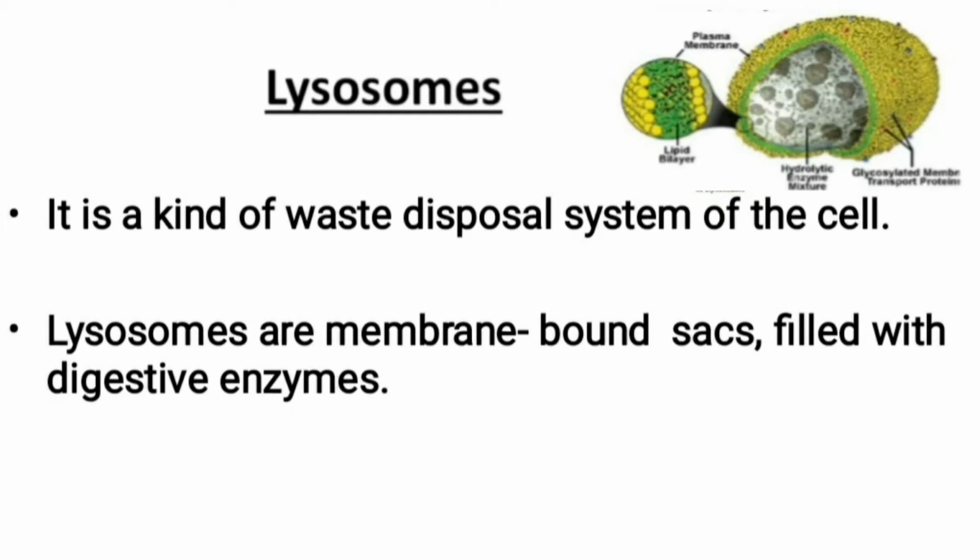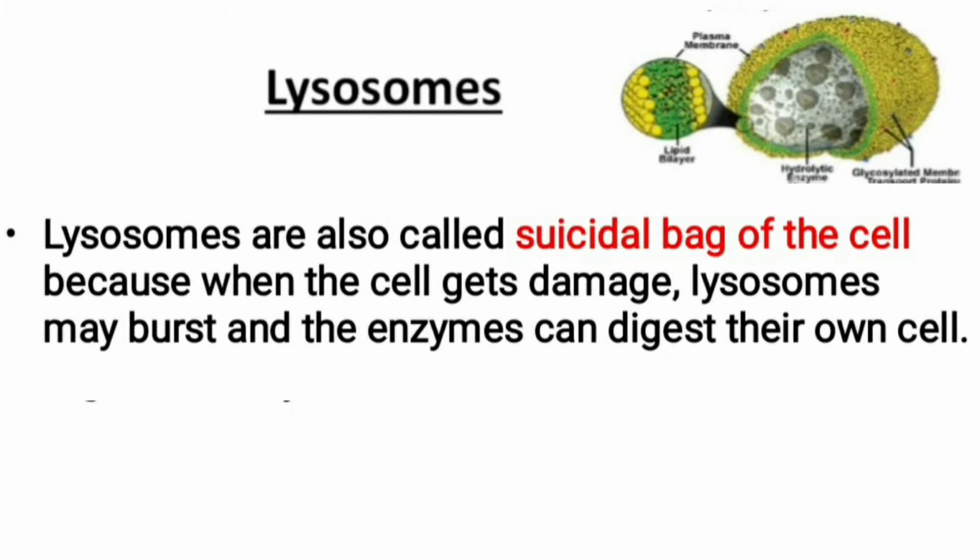There are 40 different types of enzymes in the lysosomes. Lysosomes are also called the suicidal bag of the cell because when the cell gets damaged, lysosomes may burst and the enzymes can digest their own cell.